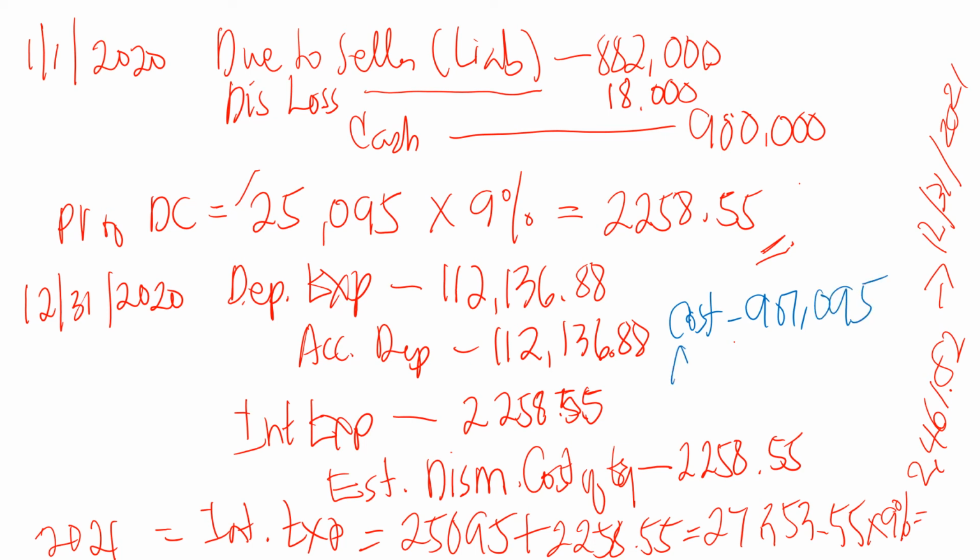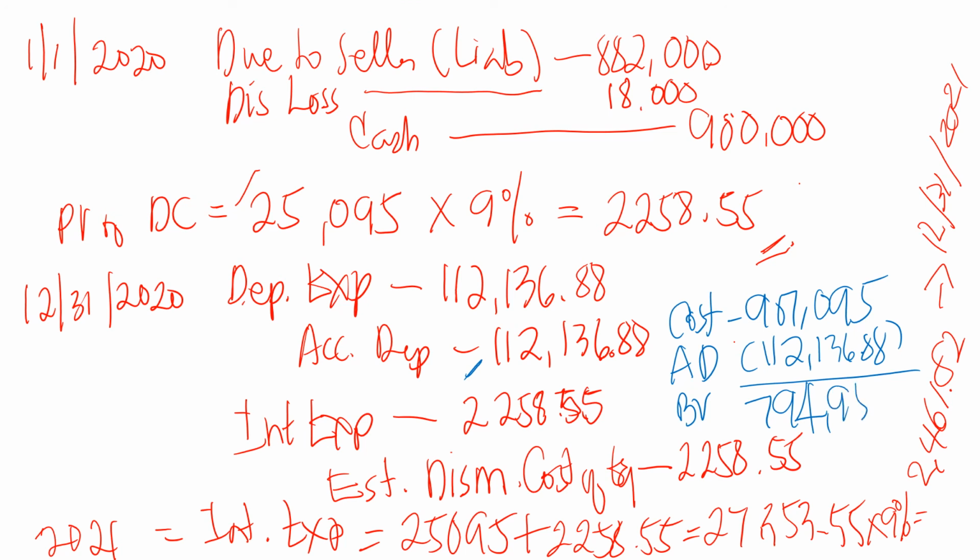Ngayon, less yung accumulated depreciation. So for the first year, accumulated depreciation is this one. So minus 112,136.88. So ang book value or carrying value ng equipment will be 794,958.12.